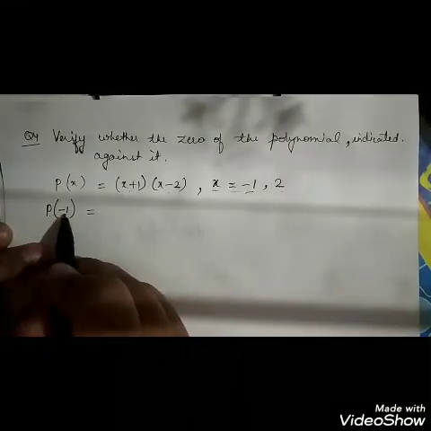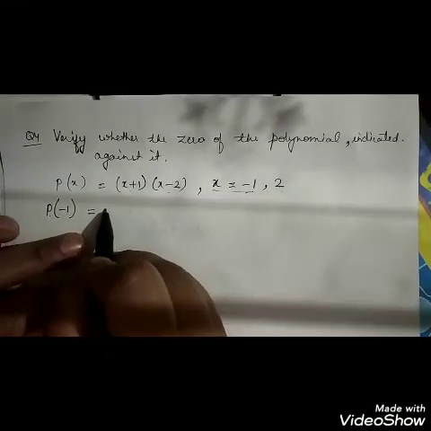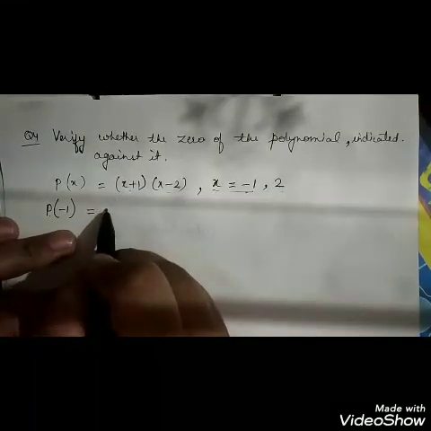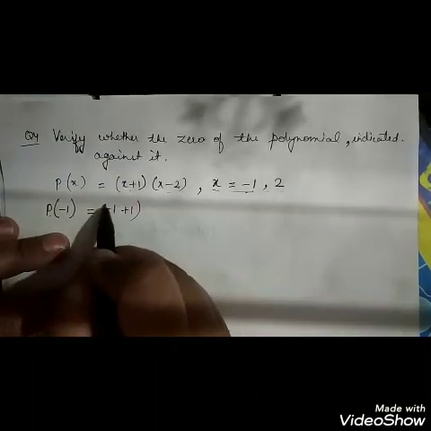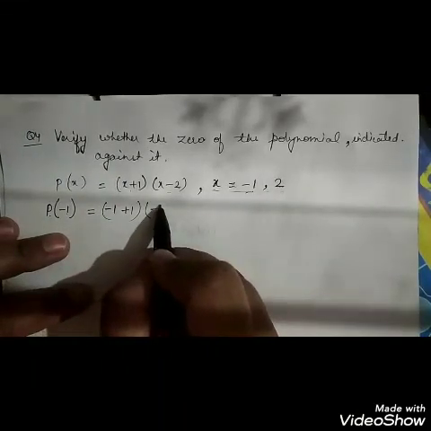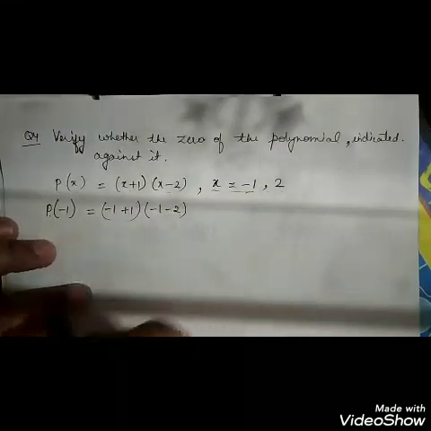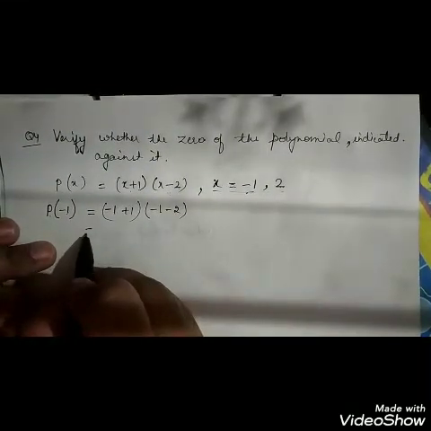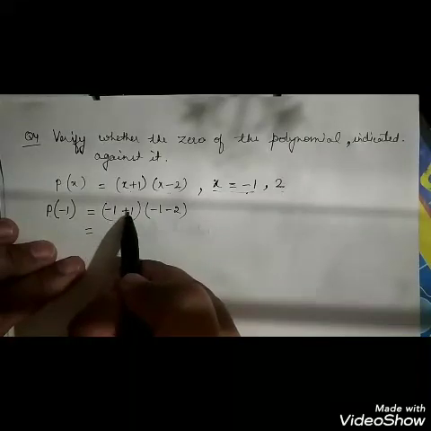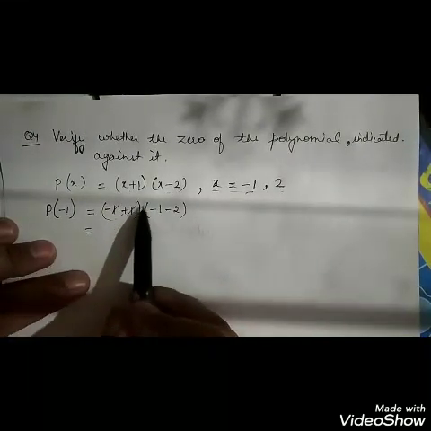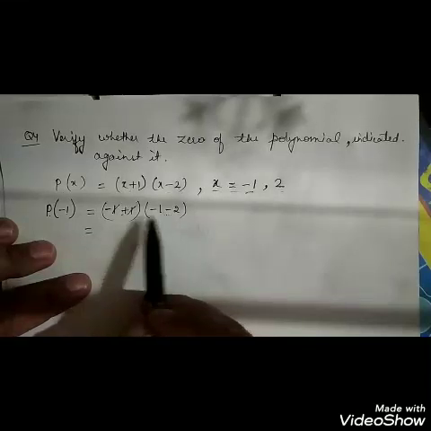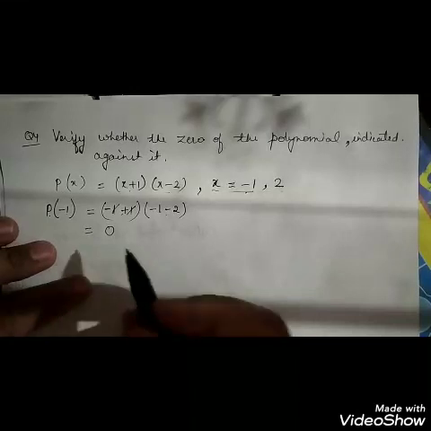So p(-1), we will substitute -1 in place of x: (-1 + 1)(-1 - 2). What we get? -1 plus 1 cancels out, that becomes 0, and 0 multiplied by -3 is 0.